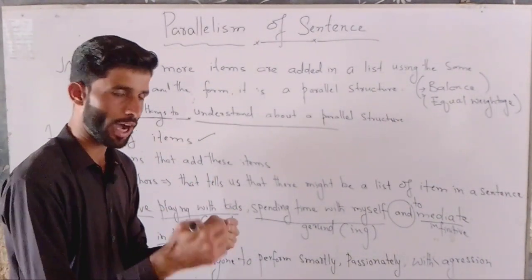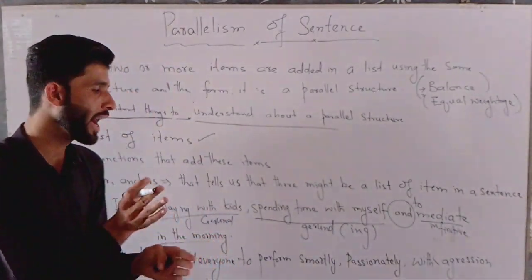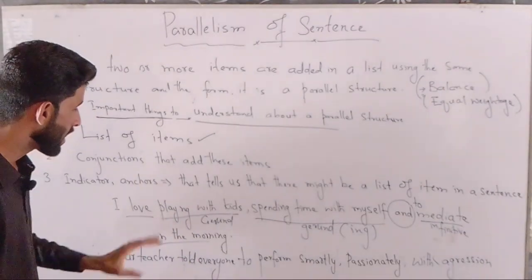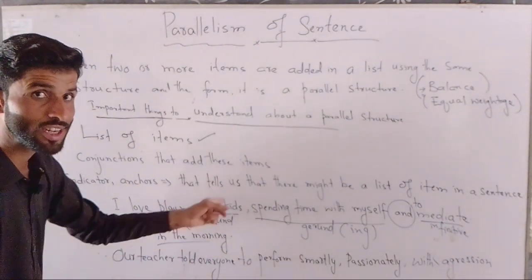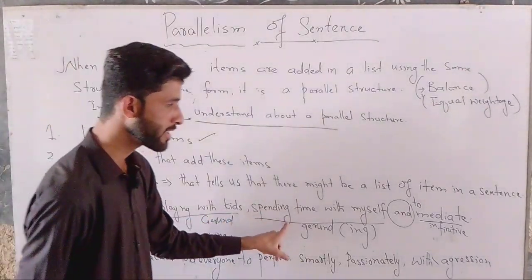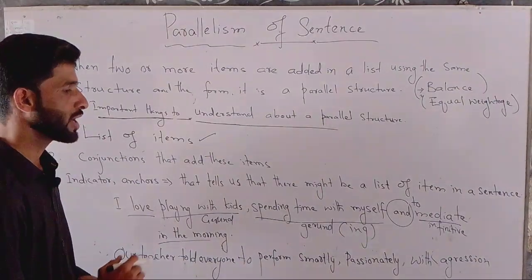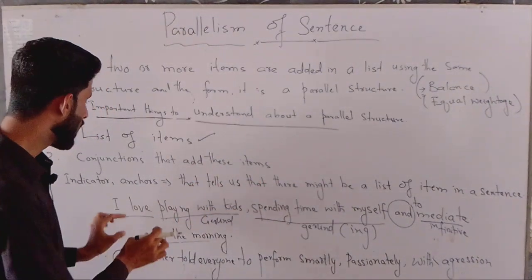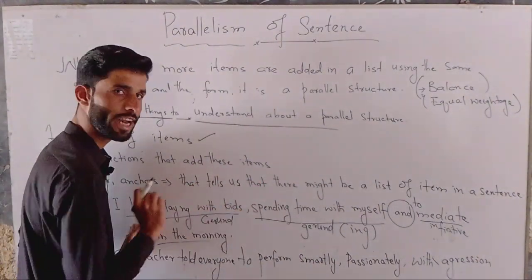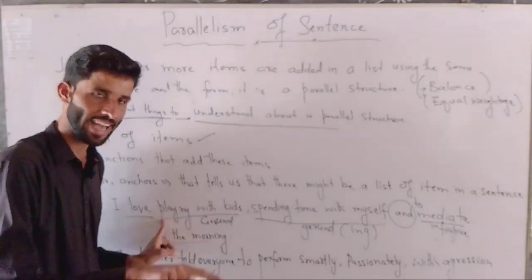So what we have to do now is make the same structure, the structure of items. This one is an item, this one is an item, and this one is an item. Let's see how they begin. I love playing with kids. Playing is in gerund form.